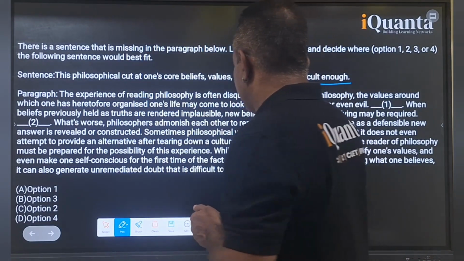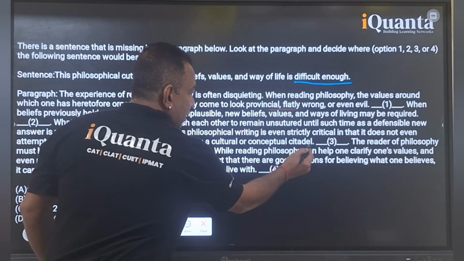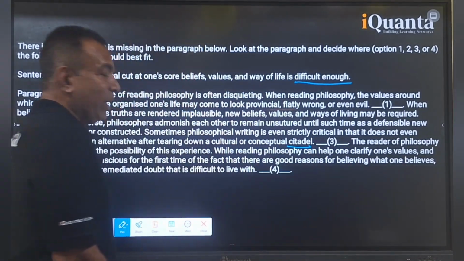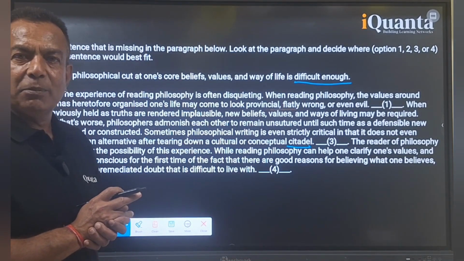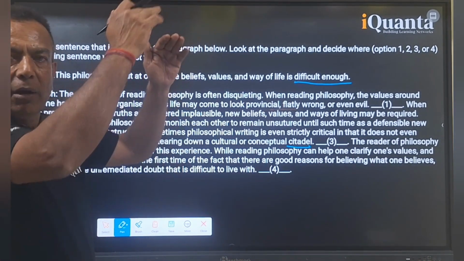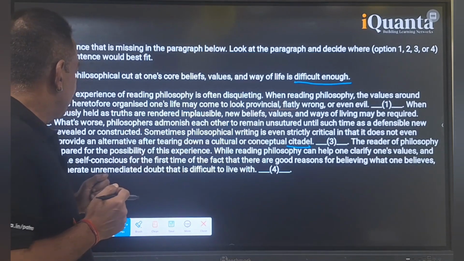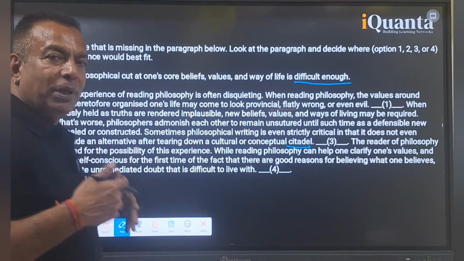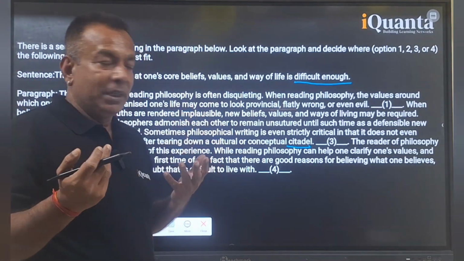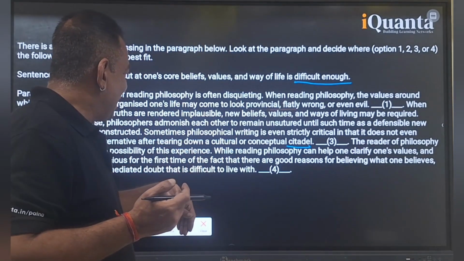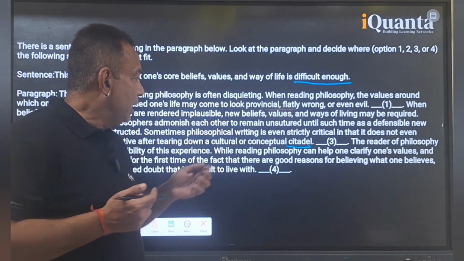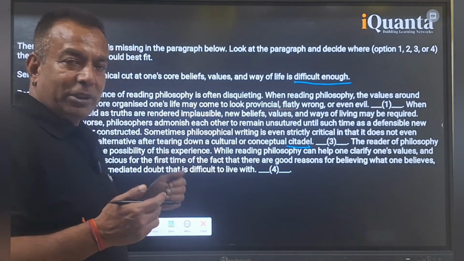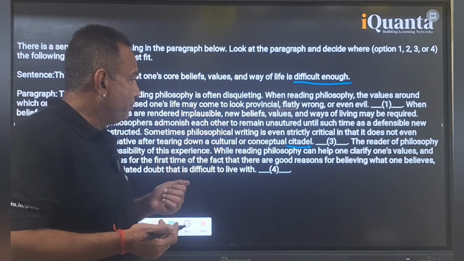And here, as we see, citadel. Citadel is the word for the safest spot in a fortress, the higher ground. So whatever you believed, whatever your higher ground was, they tore that down, your cultural beliefs and values, and they did not even provide you with an alternative.